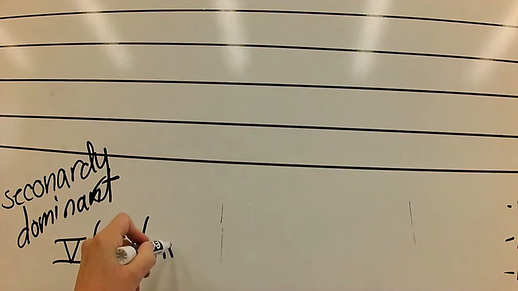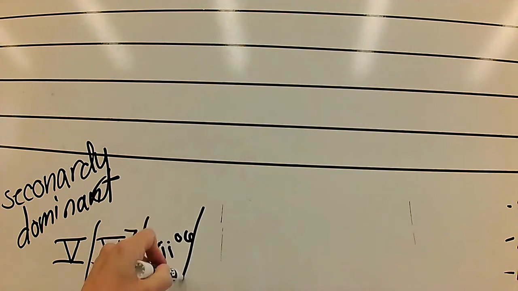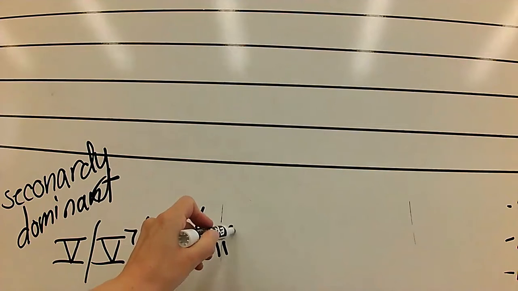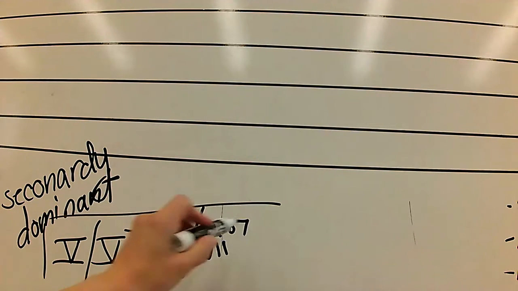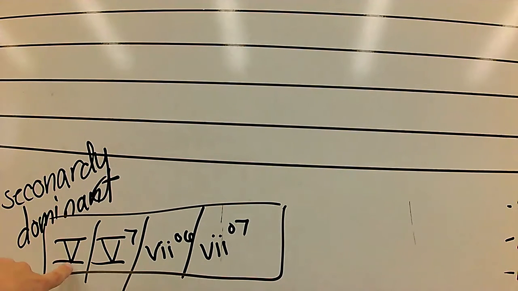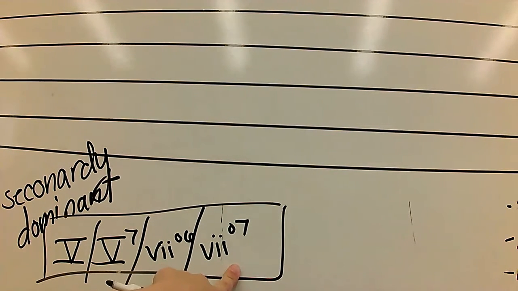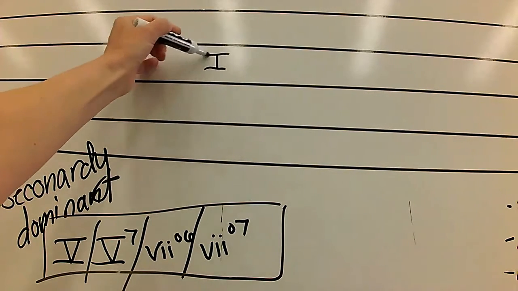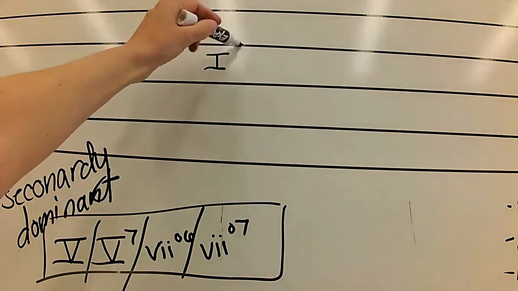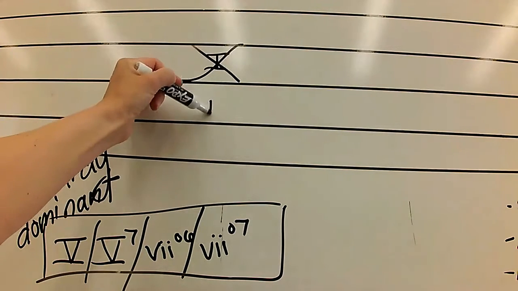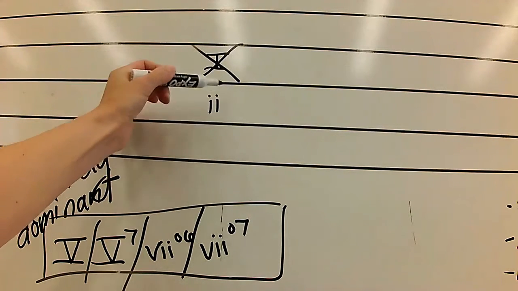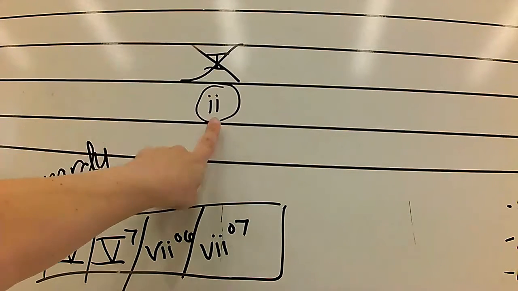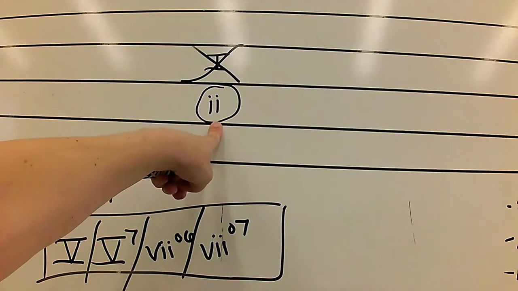It could be one of those. These are all dominant function chords, so these can all tonicize other chords. Chords we can tonicize: this one, no, that makes no sense, we're already in that key. This one, yes. In this case, we would be tonicizing a minor key.